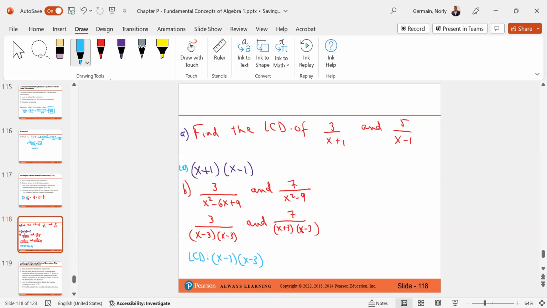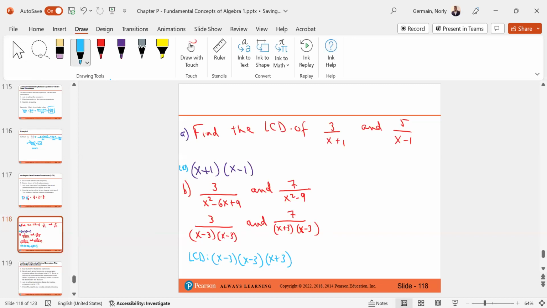All I need to do is add the next one, which is x plus 3. So you see, that one contains all the factors in the first denominator and all the factors in the second denominator. So that's it. Okay. So now you know how to find the least common denominator.